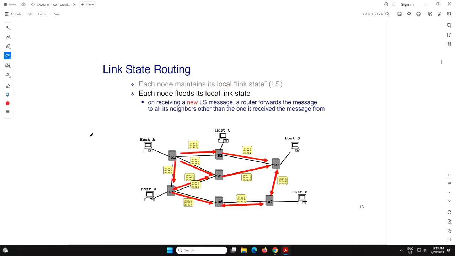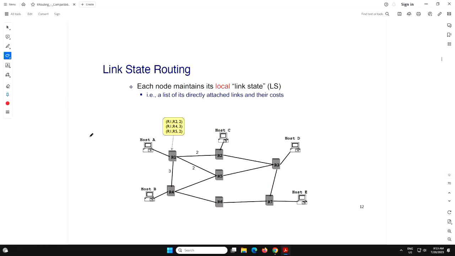However, before we go to distance vector routing, let me just recap the link state routing. In the link state routing, it was flooding based. So every router would flood its link states, the link cost to its neighbors, to all the other routers.